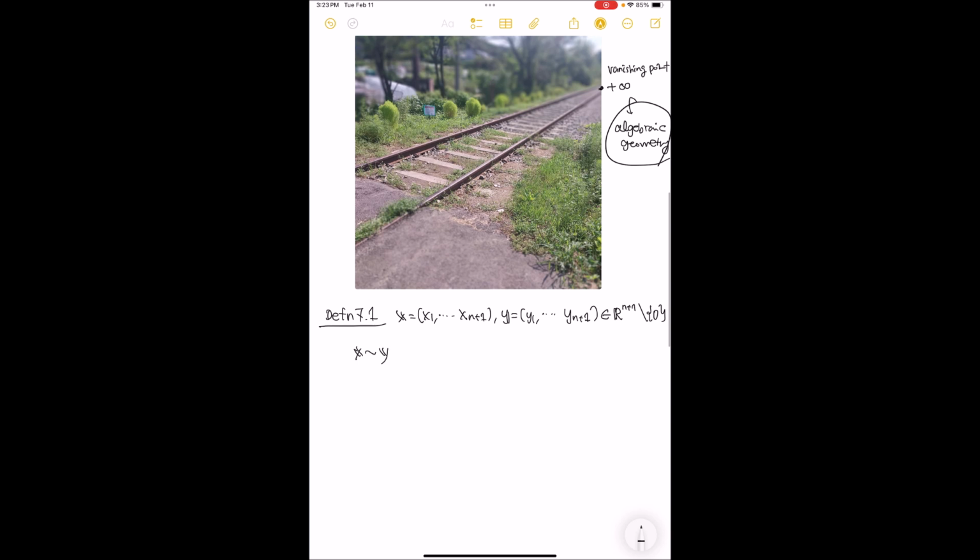Then give a relation: there exists a non-zero element lambda such that y is expressed as lambda times x. That satisfies an equivalence relation on R^{n+1} minus {0}.